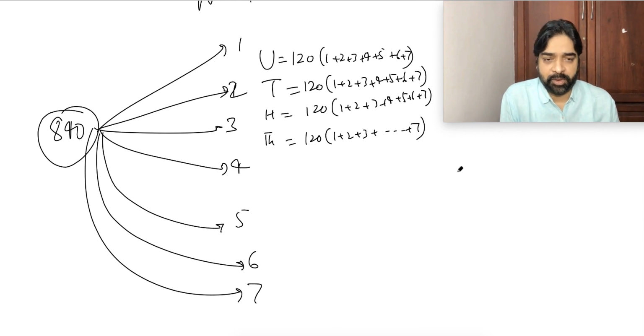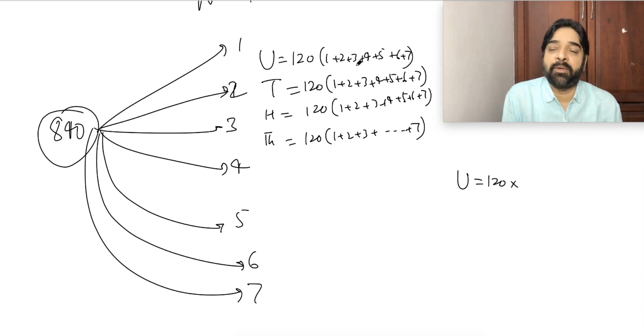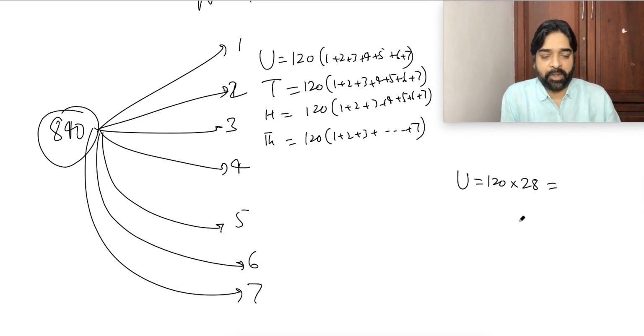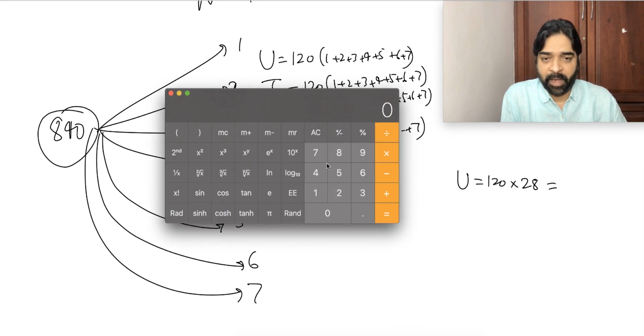So the unit place is equal to 120 into this value. The sum of 7 numbers means 7 into 8 by 2, 28. And that will be equal to 120 into 28. I have to take help of the calculator, my calculation is very poor.